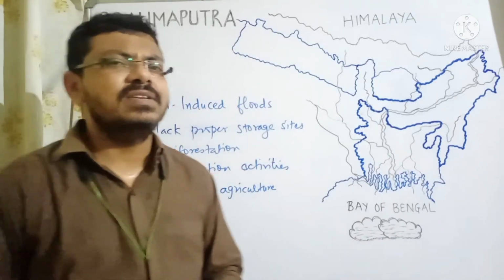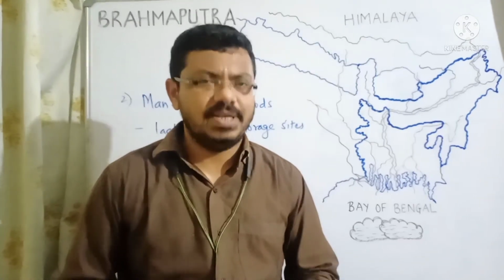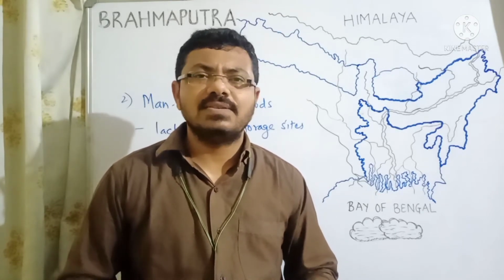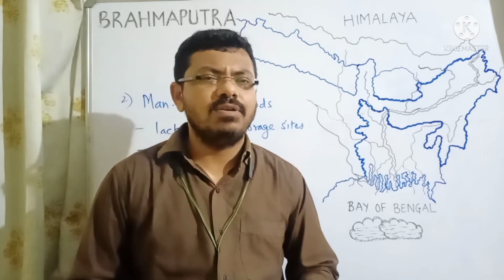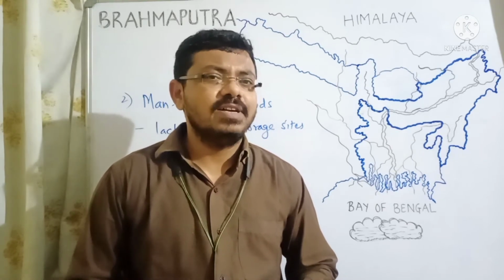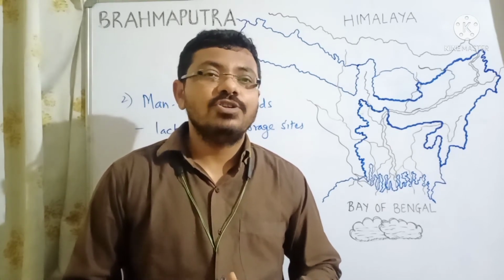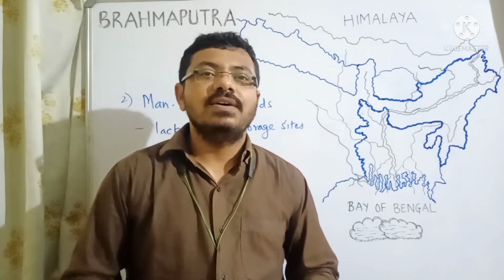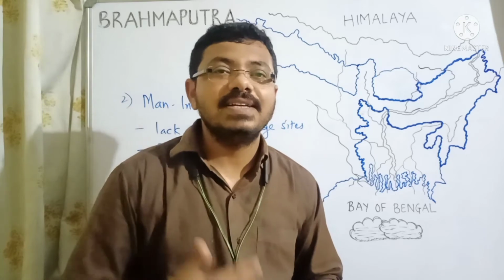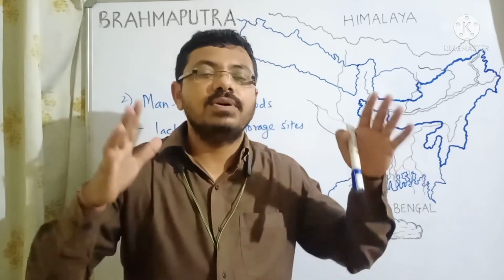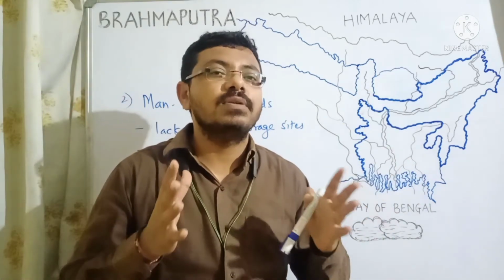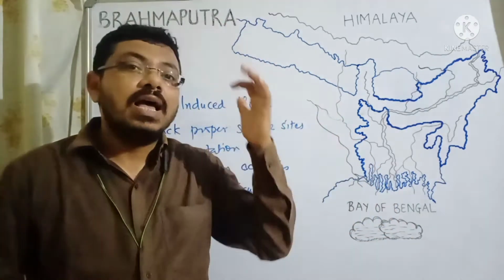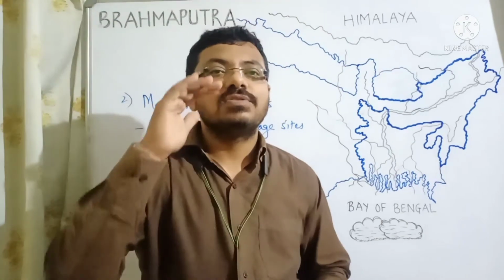This entire region is developing at a very fast pace. Industrial development as well as residential development, urban development and also agricultural development is leading to deforestation. Due to deforestation, the intensity of flood has increased, because we all know that if there are more trees in any region, then those trees help reduce the flood.